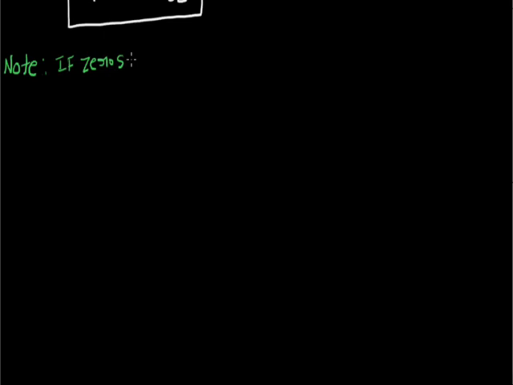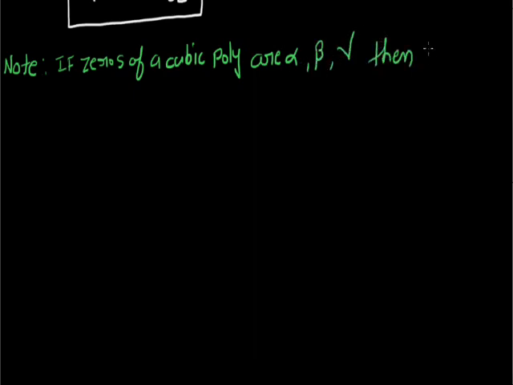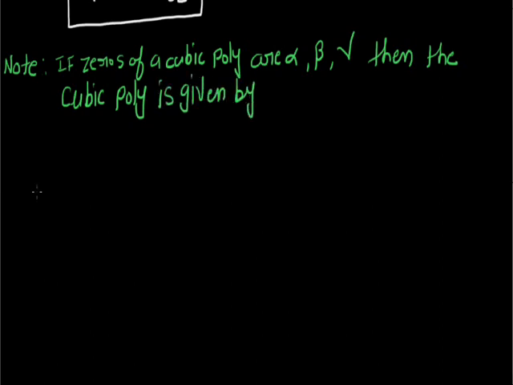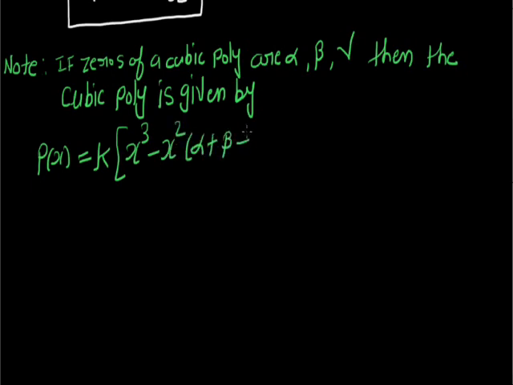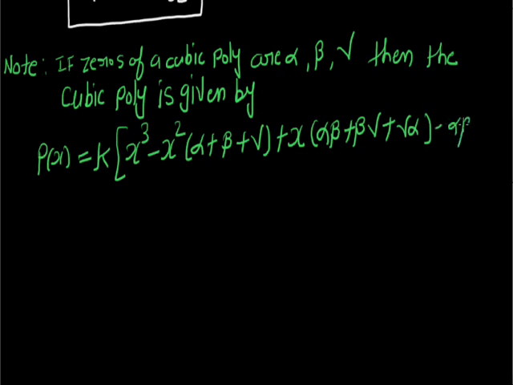If the zeros of a cubic polynomial are alpha, beta and gamma, then the cubic polynomial is given by p of x equals k times x cube minus x square times the sum of the zeros, that is alpha plus beta plus gamma, plus x times the sum of the product of the zeros taken two at a time, alpha beta plus beta gamma plus gamma alpha, and finally minus the product of the zeros, alpha beta gamma.